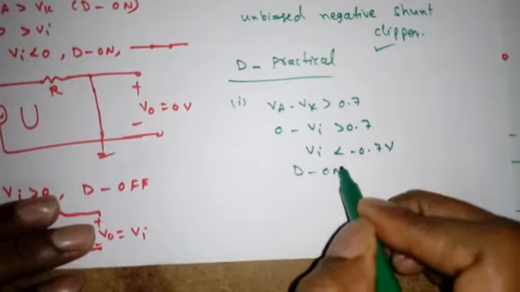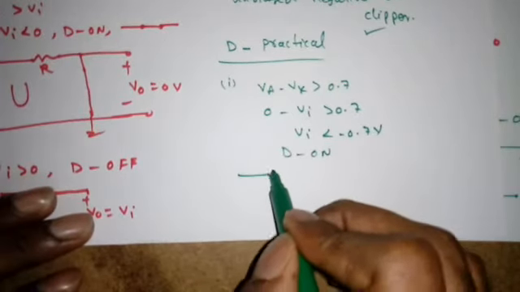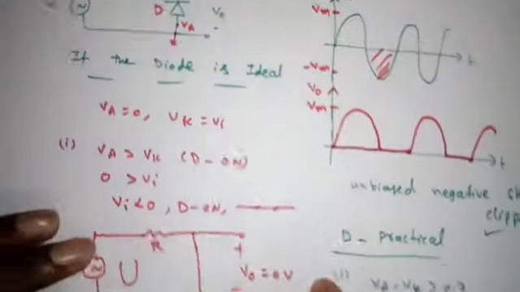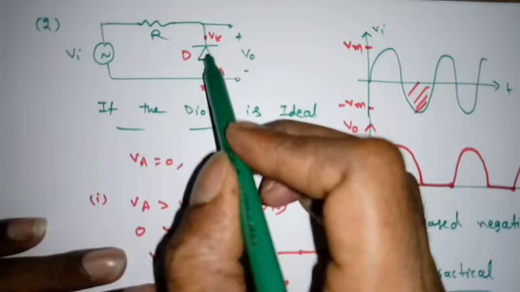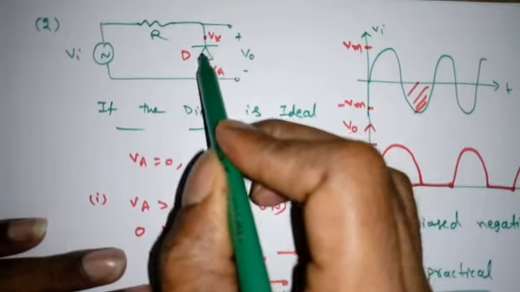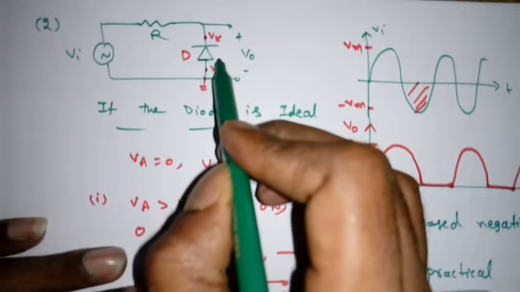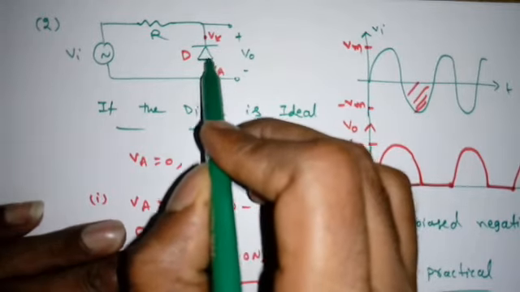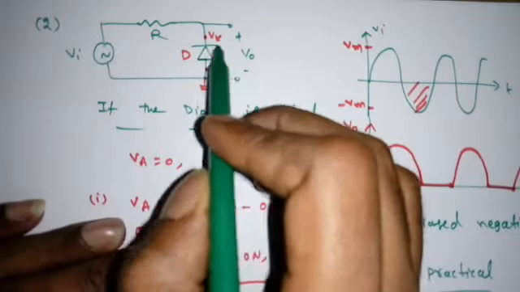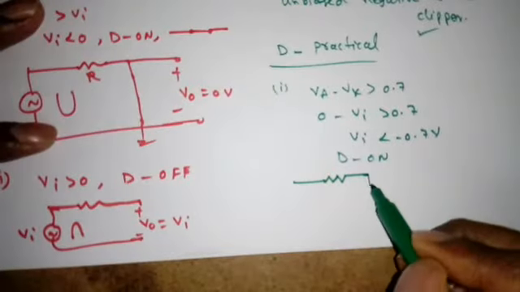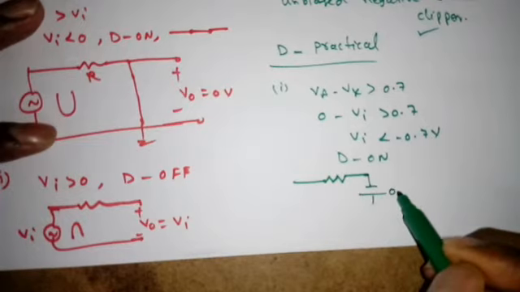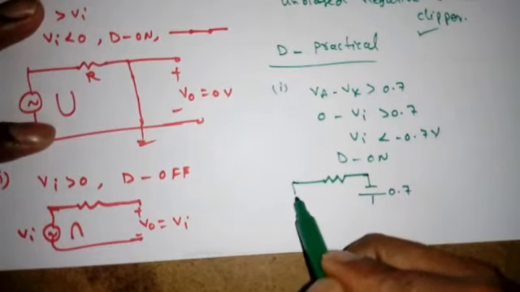Diode D will be on. So the circuit will become like this. See the polarities of the diode. The P side, that is the P type semiconductor, is down and the N type semiconductor is on top. So the battery polarity is downside positive, top negative. This is 0.7 volt. So what am I applying?